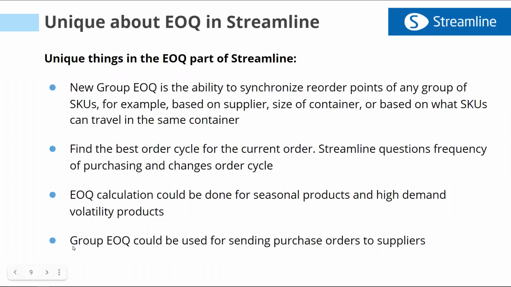What is unique about Streamline is how we calculate group EOQ. We do not look at the individual item EOQ. We look at the purchase order and recommend the number of days of supply that we purchase for each and every order, and it's efficient economically.